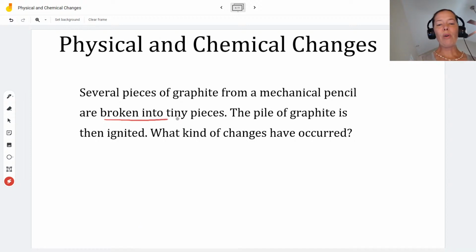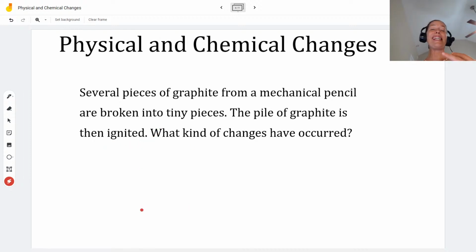Okay, so broken into tiny pieces, that is just changing the shape of something. So that is still graphite. It's just now in a shape that we can't use in our mechanical pencil. That is going to be a physical change. Now then, this little pile of graphite, okay, maybe you broke your mechanical pencil lead in school, but you wouldn't do the next part: is ignited.